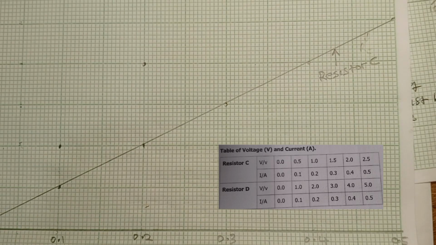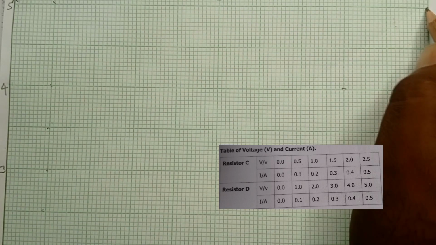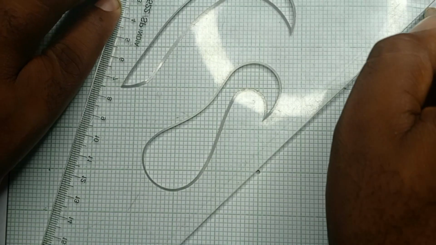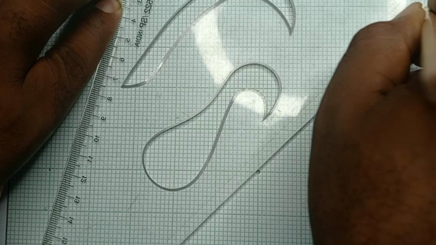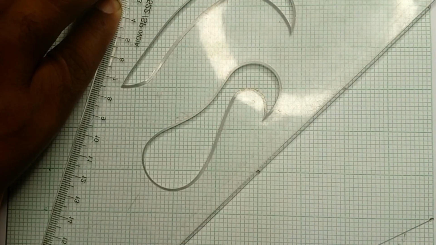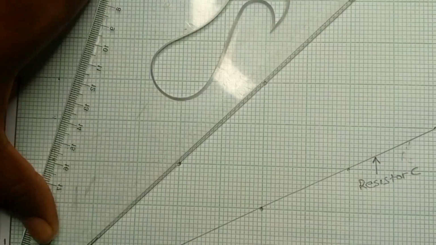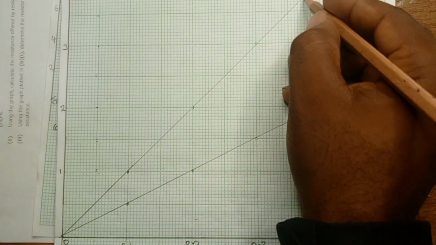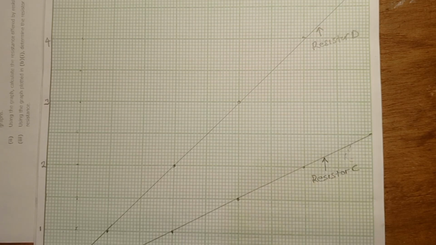Then the last one we have 0.5, 5. So I'm going to make the best fit line. So this is resistor D.